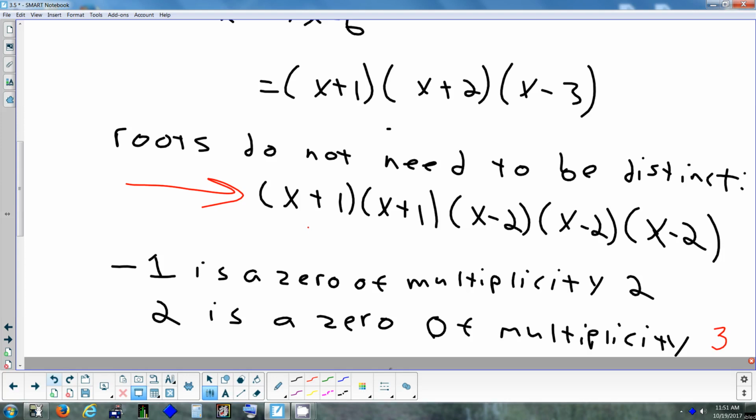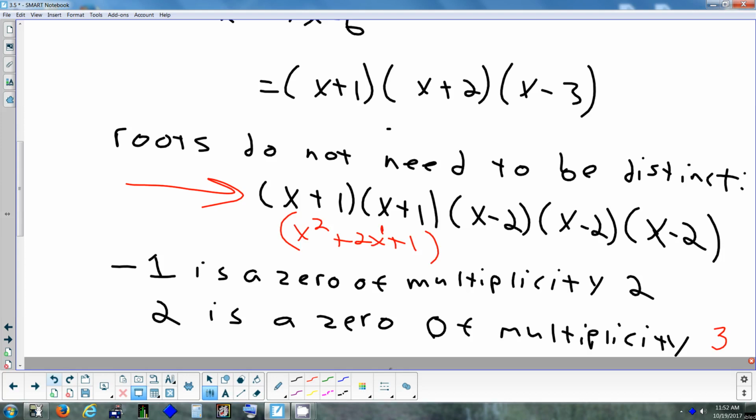If I just FOILed out the first 2, I would have a 2. But if I kept going and then FOILed that with the third one, the fourth one, and the fifth one, my highest exponent would be a 5. There might be some other exponents in there too, like some 1s, but the highest one would be a 5.